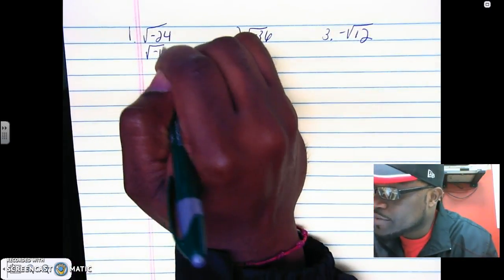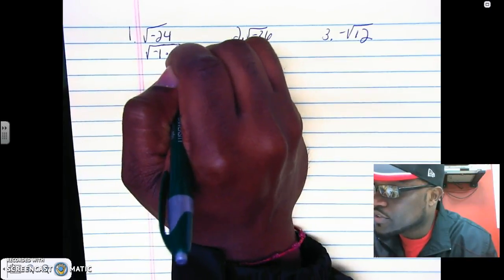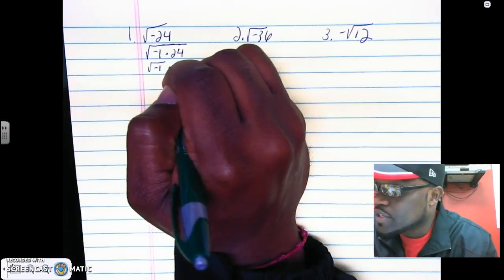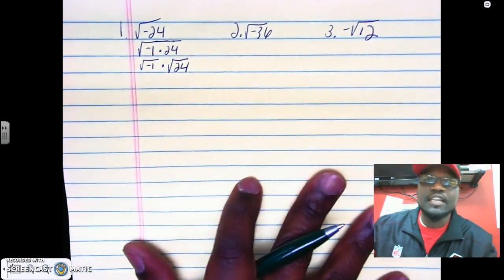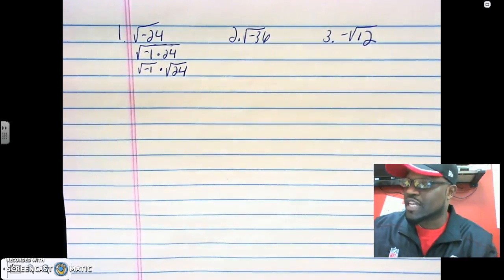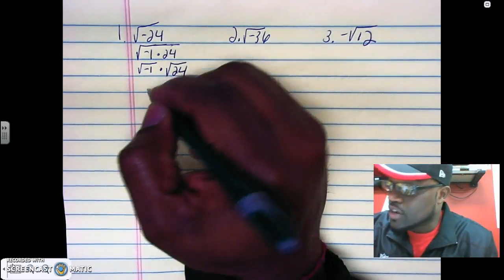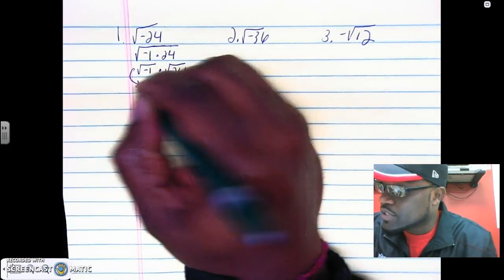There's a property in math that allows you to do this, and what that really means is that you can separate like that. Notice I just separated the square root of negative 1, or the negative number, away from the square root. Now, we just saw that the square root of negative 1 really equals i.